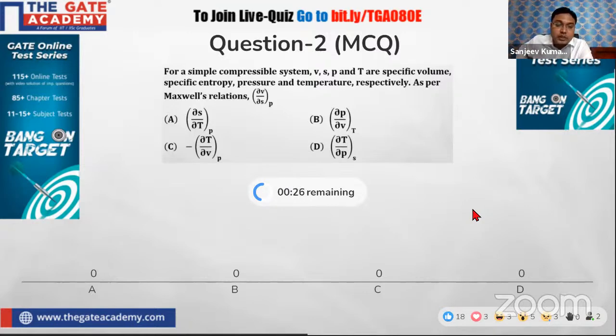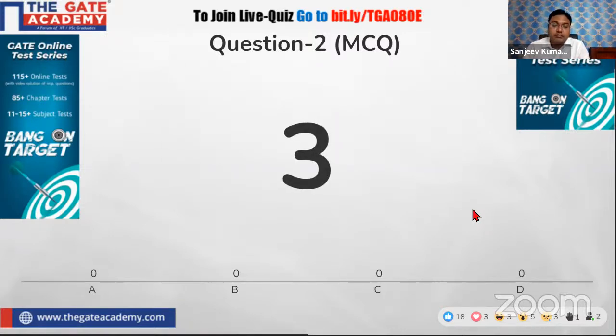Take care of the positive and negative signs also. And there's a trick. Without knowing anything, you can directly give the answer. With this type of question, you can definitely save time in the examination.